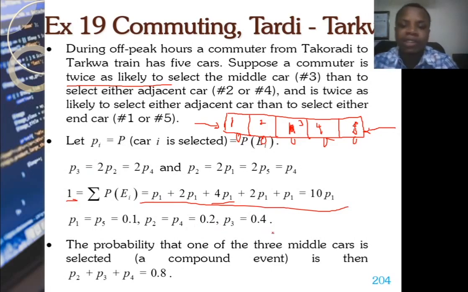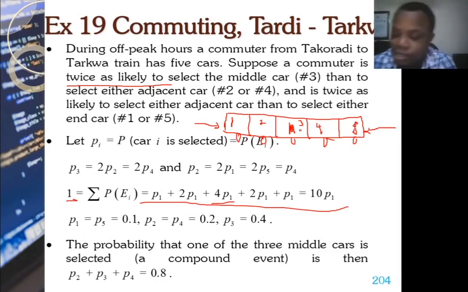So there's a 40% chance that this commuter is going to select car 3. So with these properties, if any car is to be selected by this commuter, there's a high chance, about 40%, that this commuter is going to select car 3. And that makes a lot of sense because we are all conscious of these cars, and we always prefer where it is safe.